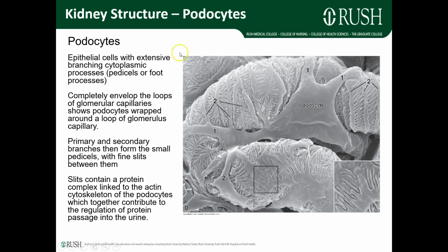In doing so, they form these primary and secondary structures, which allow fine slits to be formed in between these pedicles, which act like holes through which the urine can come out of the blood and into the urinary space.